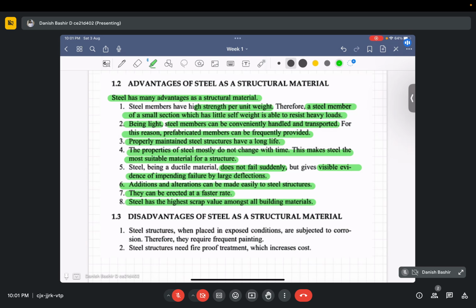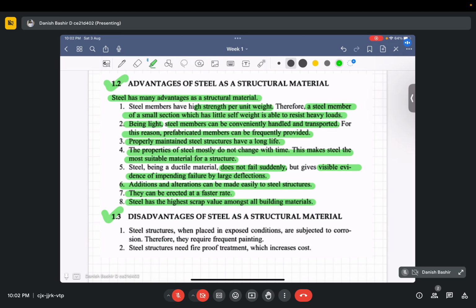There are some disadvantages as well for steel as a structural material. When steel is placed in exposed conditions, corrosion happens, so it requires frequent painting.